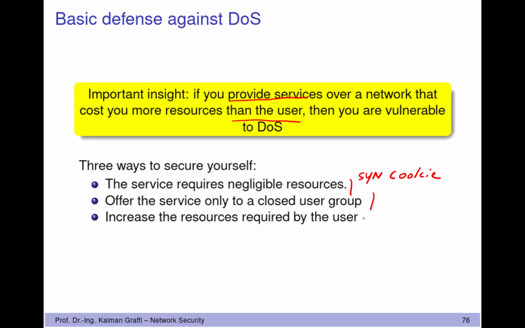Increase the resources required by the user, so you make it more difficult for the users. Then the legitimate users will still pay it and do it, but the attackers will not. And maybe TCP breaks IP spoofing. That's also good.